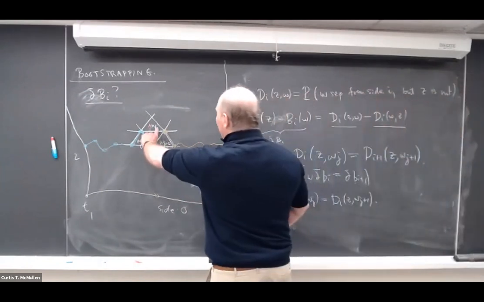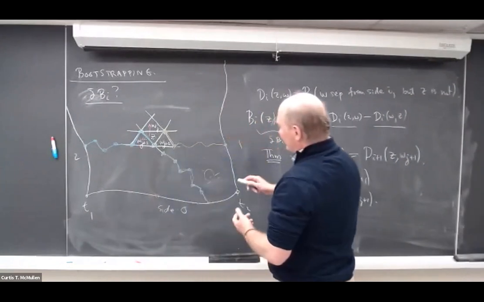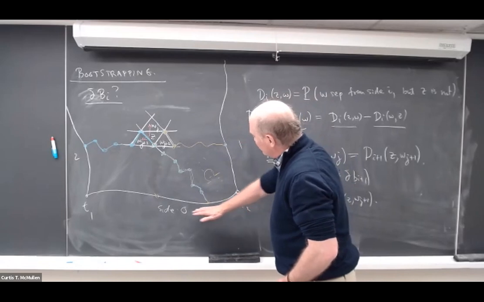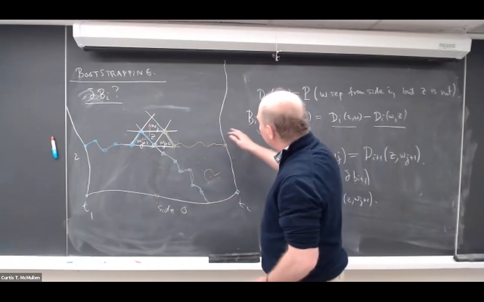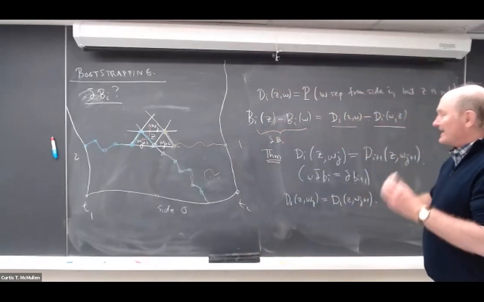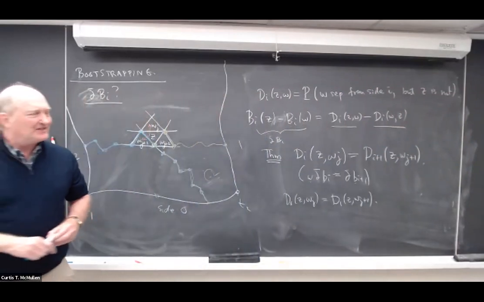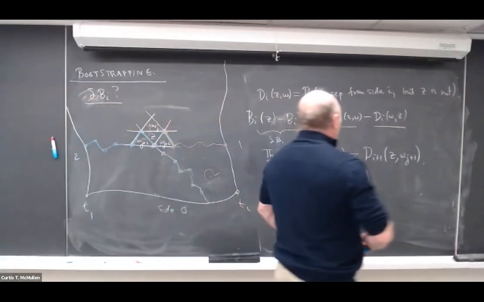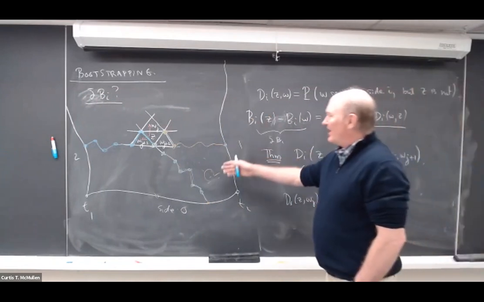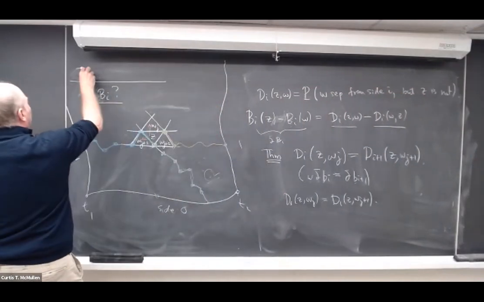Okay, so we were able to move from WJ to WJ plus 1 at the cost of changing our separation consideration from separation from side 0 to the study of separation from side 1. And this is an exact equality of probabilities. It's a miracle. And it's a miracle that's very special to the triangular lattice. Okay, so this is the heart of Smirnov's proof. It's not bootstrapping, it's called color swapping.